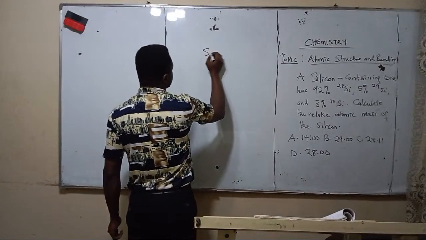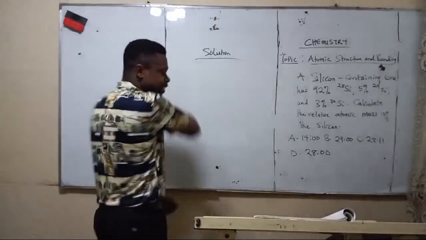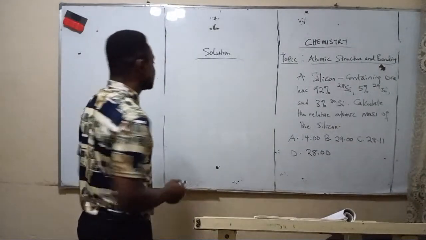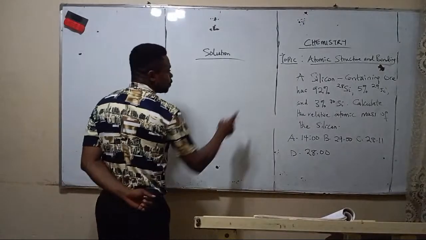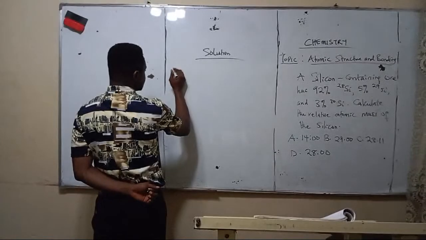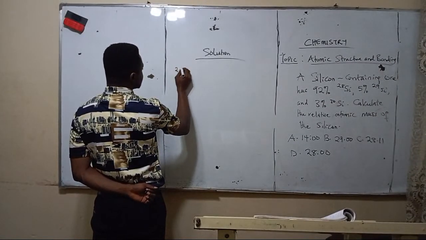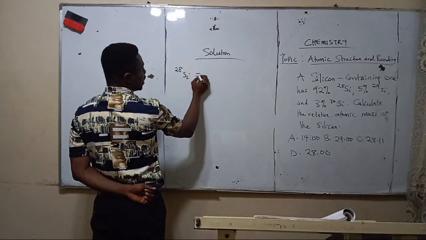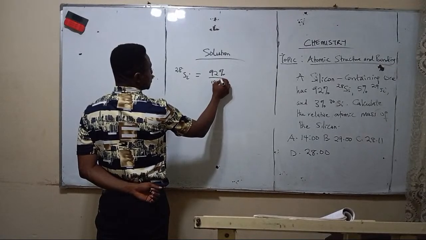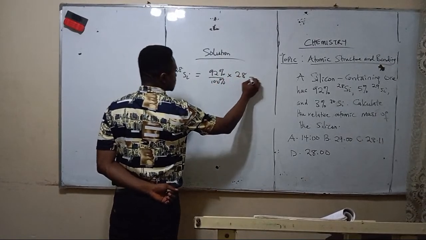Solution. We can do it together and get our answer, or do it individually. All right, so for silicon 28, we have 92% over 100% times 28.